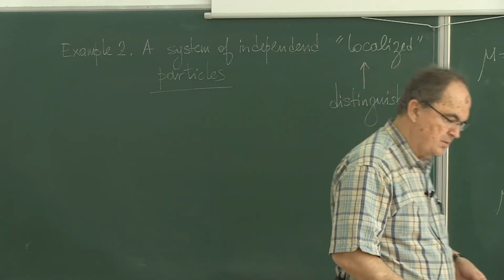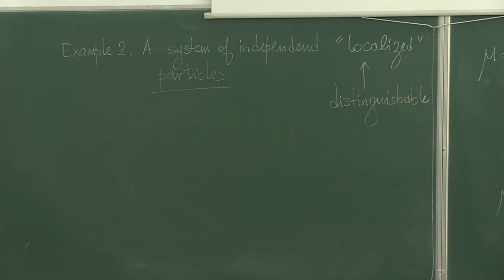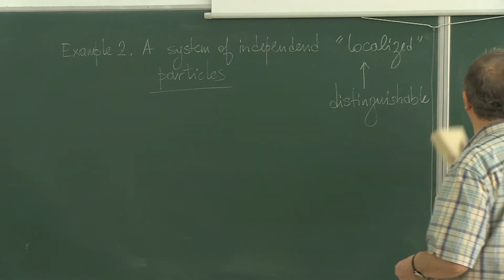That's why I wanted to do this, because in the first example, the particles were indistinguishable. Let me do this problem in general, then specify the system later. We can solve the problem in very general terms as follows.